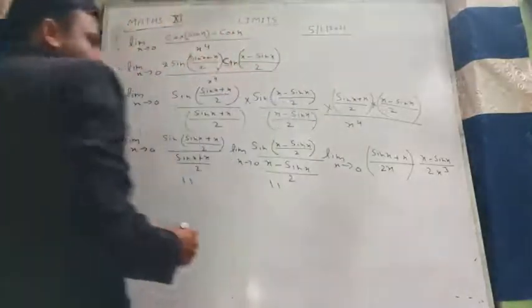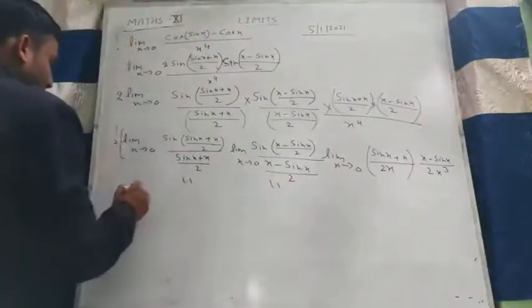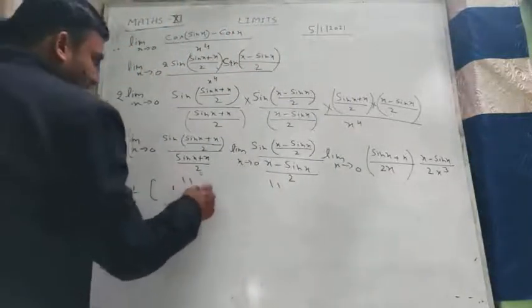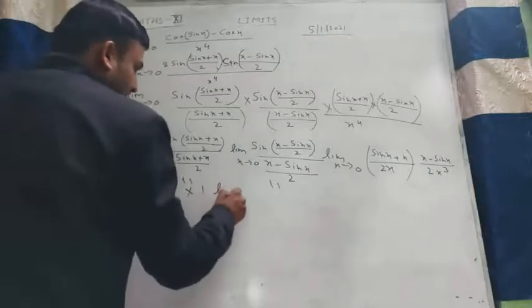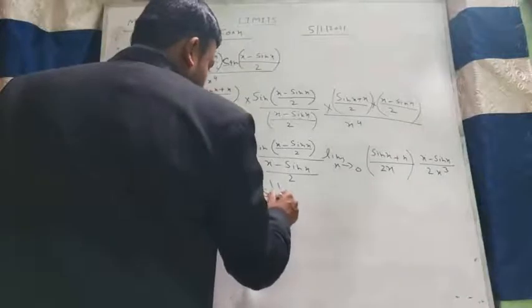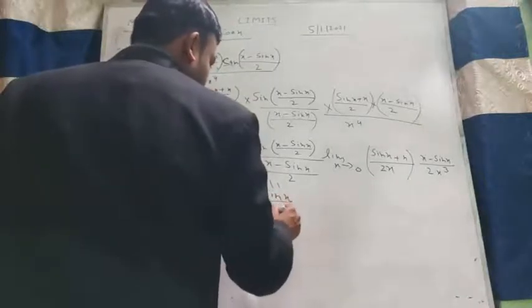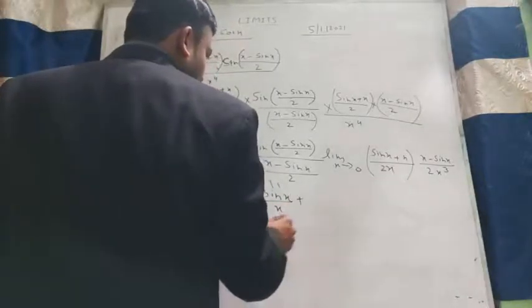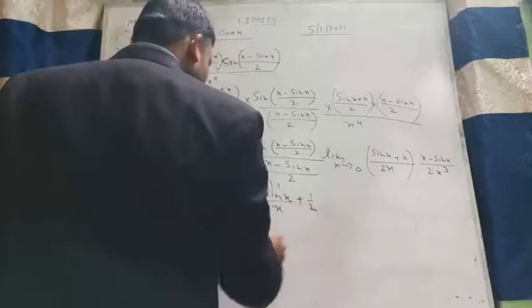Okay, student. Here is 2. Okay. Now this is 1 into 1, and limit x tends to 0. We write sin x by x plus 1 by 2.